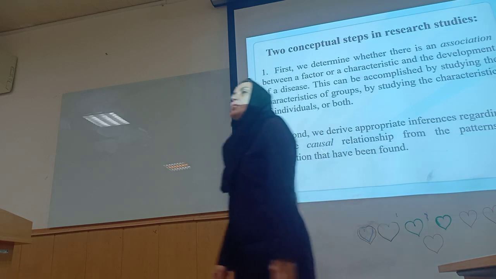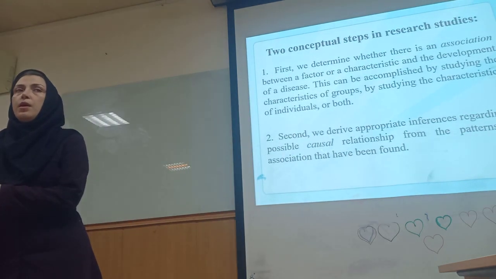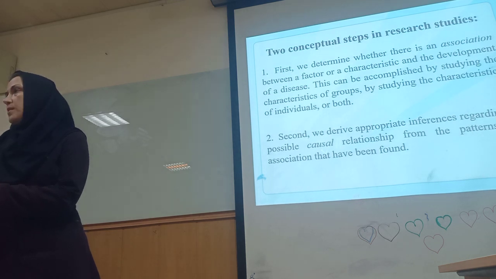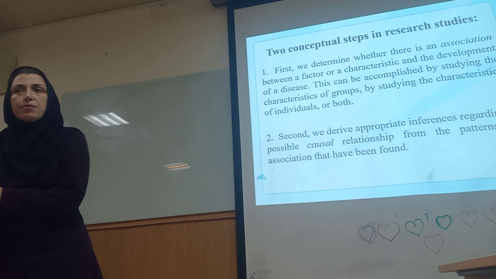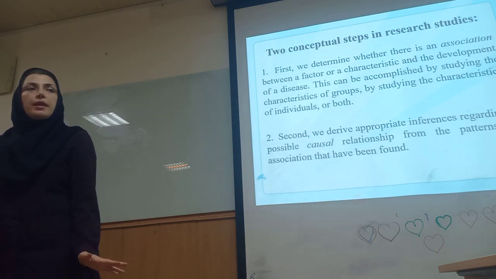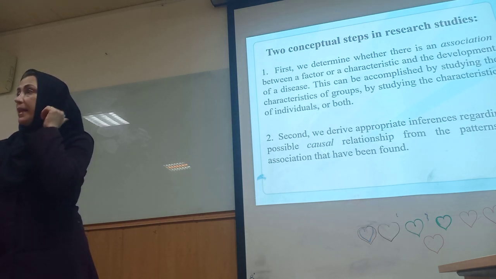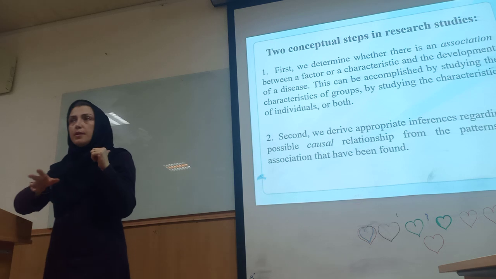When we want to design a study, first of all, we want to find an association. Is there any association, for example, between high cholesterol level and cardiovascular disease, as I explained to you in the previous session?